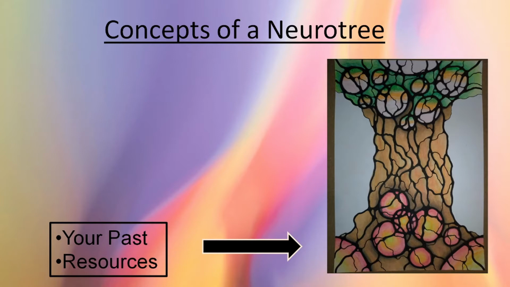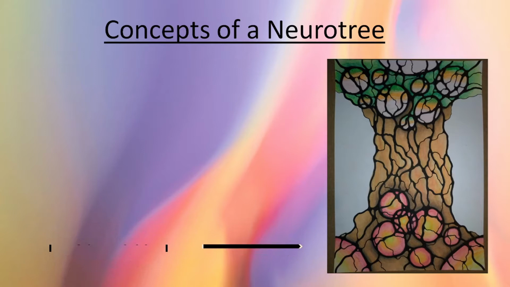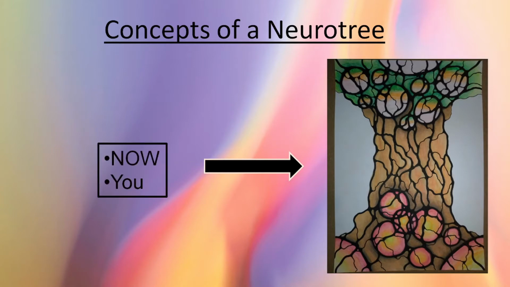Okay? So next, we're going to be talking about the trunk of the tree. In the previous tutorial, I didn't talk anything about the trunk. The trunk actually represents now, and you.